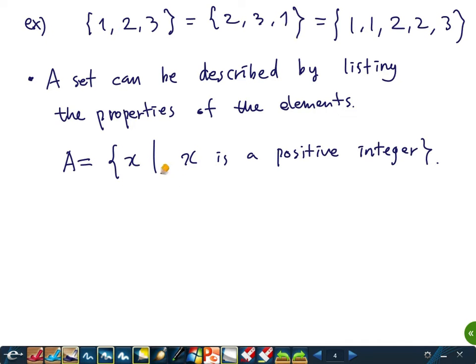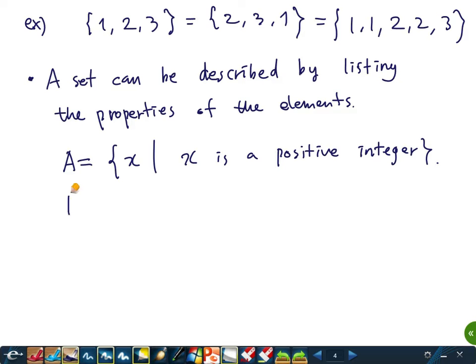I just say it's a set of elements which are positive integers. In this way, it is clear which number is in A and which number is not in A. Is it clear to you? Is 5 in A? Is 3 over 2 in A? For every given number, you can decide whether that is in A or not. So it is a good definition.